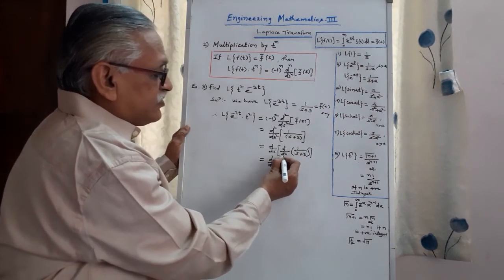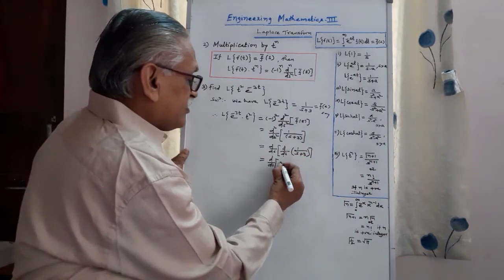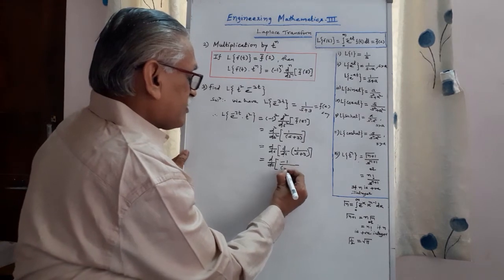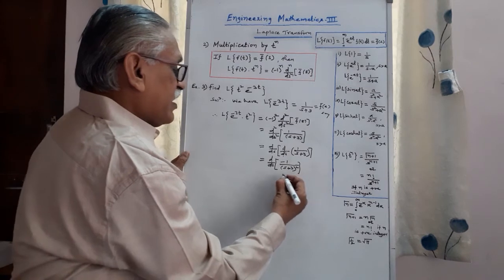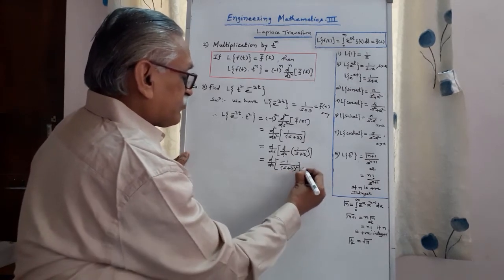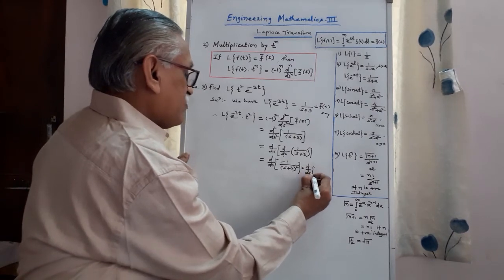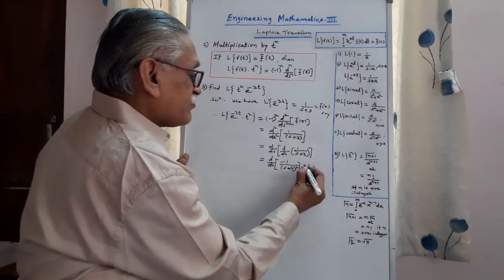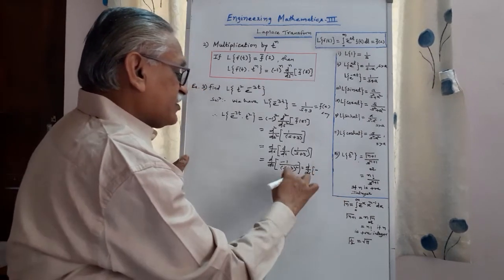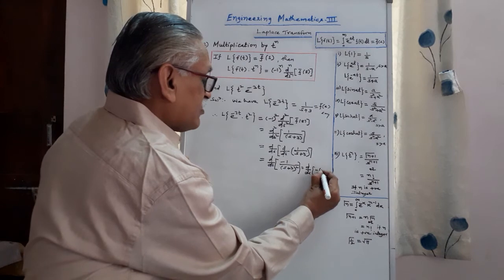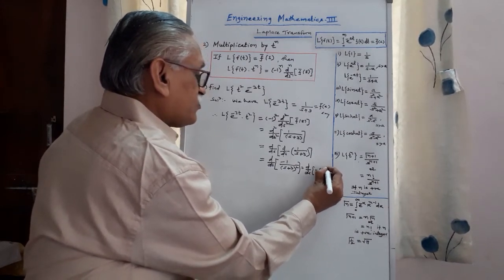Differentiating this with respect to s, the derivative of 1 by x is minus 1 by x square. By that standard result, it is minus 1 upon s plus 3 whole square, and therefore it is equal to d by ds of minus 1 upon s plus 3 whole square, transferring this term to the numerator, it becomes s plus 3 raised to minus 2.